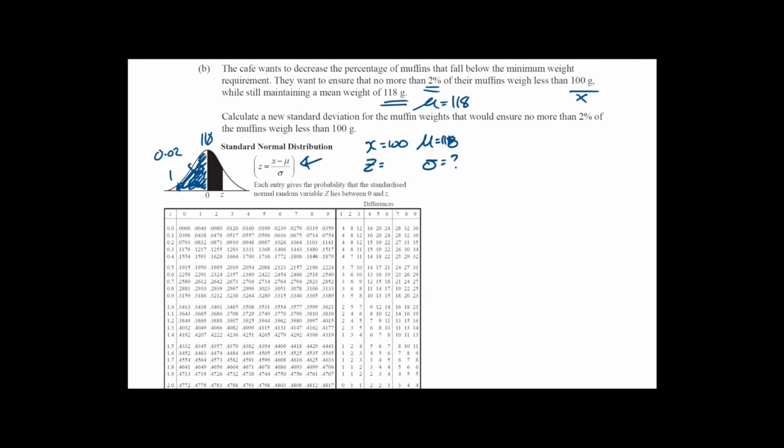So we go into the tables here, and we find really, really close to what we want, at 0.48. So we're going to come along here until we find it. This one here is pretty close.